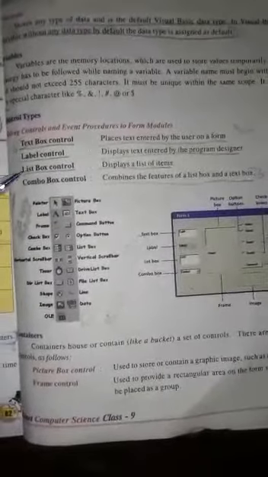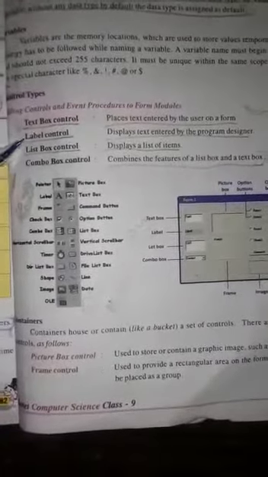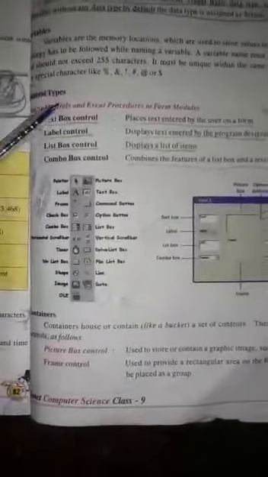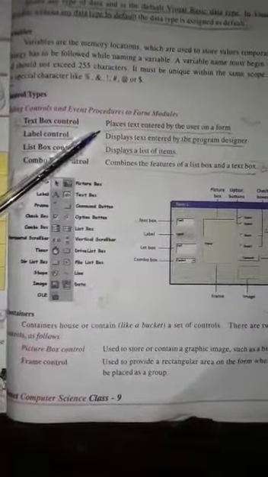Next topic, control types. Four controls are available in Visual Basic: text box control, label control, list box control, and combo box control. What is the use of the text box control? Using this box you can type or enter any text. Next, label control.